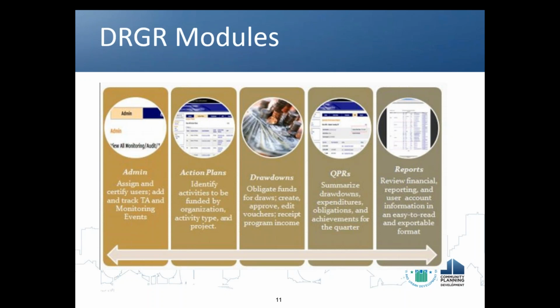And lastly, reports. I'm actually going to be doing a live demo of reports. It's an optional module, but the more you get to use this report module, the better your life becomes, especially for NDR and DR grantees that have a lot of funds that flow through this system. The reason why is you're able to pull out information in DRGR in quick, usable, easy-to-read formats.